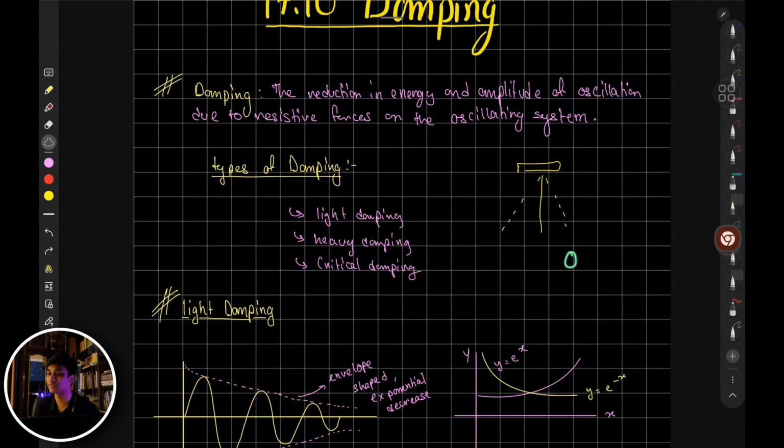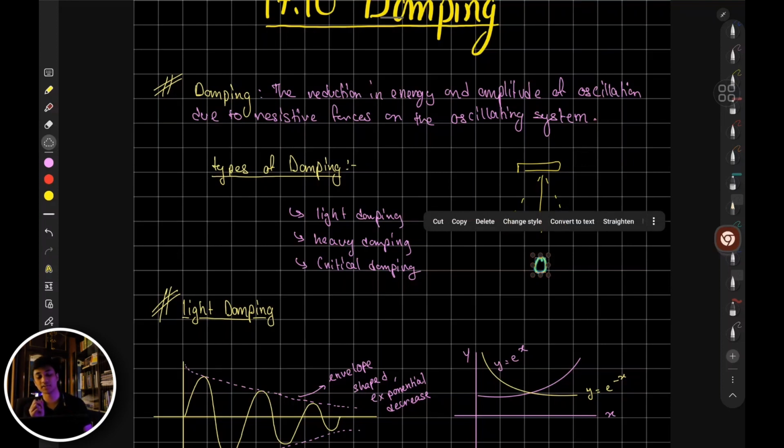But we live in a non-ideal world. So in that case, there is going to be some sort of resistive force, and it's going to cause damping, meaning it's going to decrease the oscillation, it's going to decrease its displacement, the amplitude, and the energy, since it starts moving with decreasing displacement.